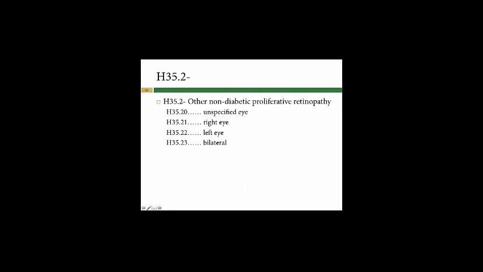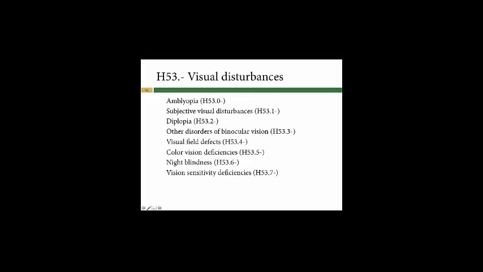We have non-diabetic proliferative retinopathy, unspecified eye, right, left, or bilateral. Visual disturbances. Notice that all of these codes have this nice dash behind them. And what that's telling you is that that's, of course, not a complete code.